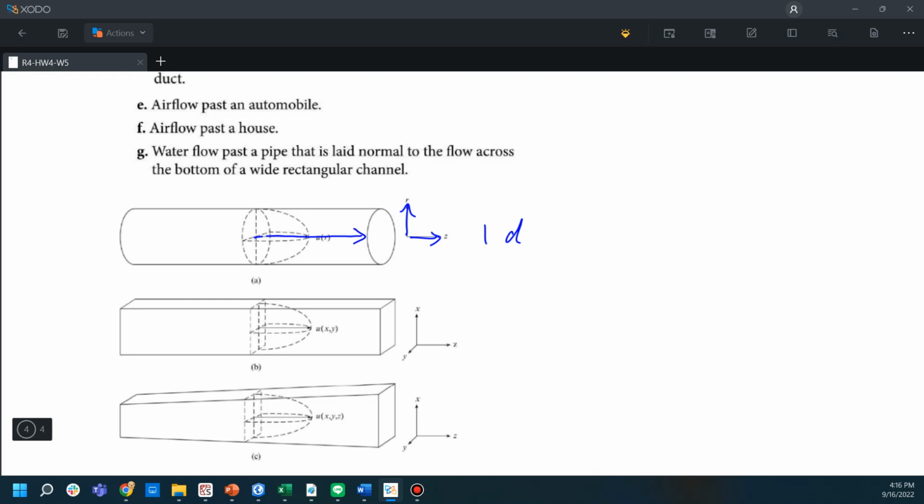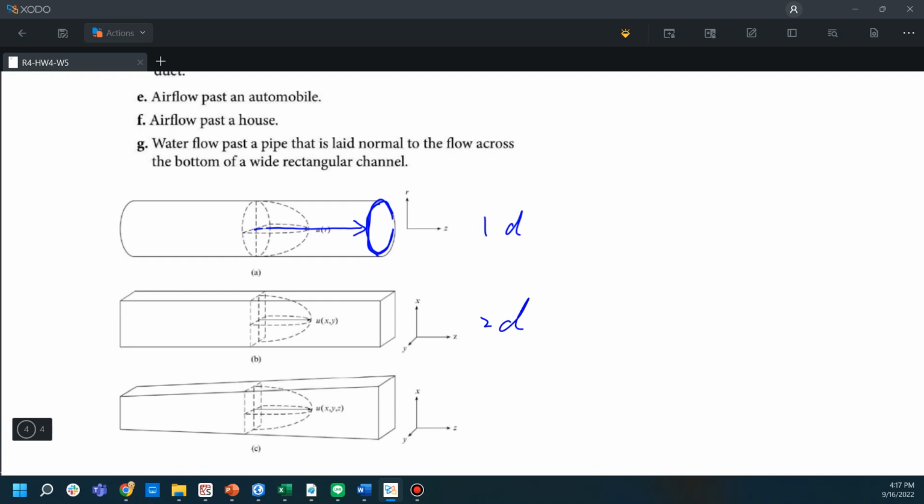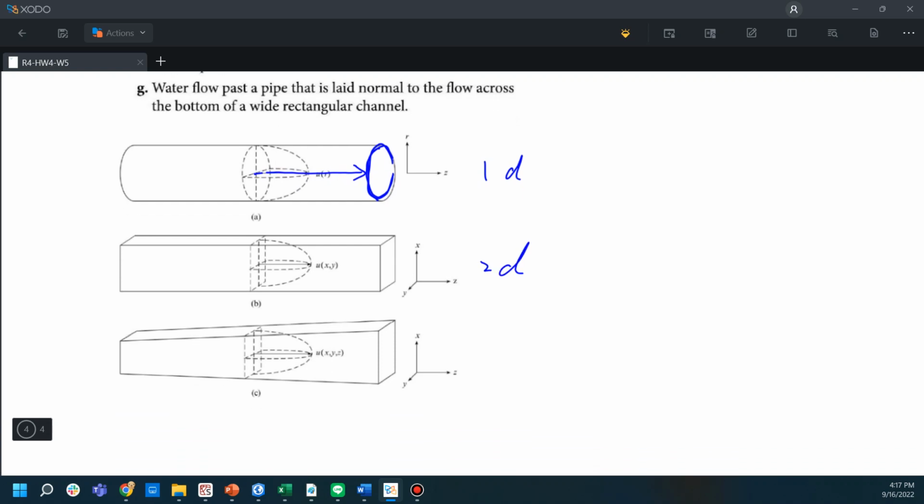However, if it is not a tube, it is not a circle for this tube, then we cannot use the radius system to describe it. So instead, we will use this XYZ system, and the flow becomes the 2D flow. Because as you can see in this part, we actually need X and Y to describe the location of the flow.